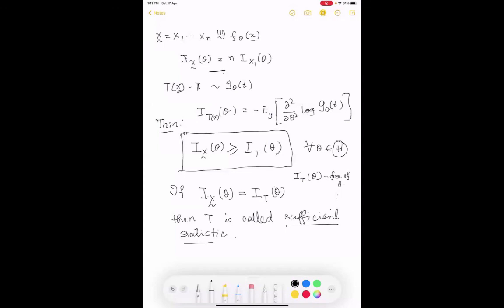I would not like to use that statistic for my analysis. If my target parameter is theta, and it turns out the statistic that I am using is free of theta, then effectively T does not contain any information about theta.